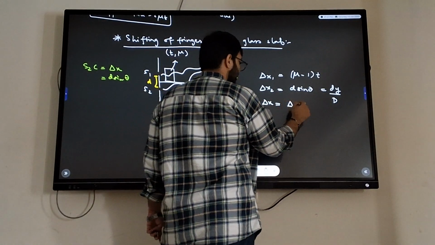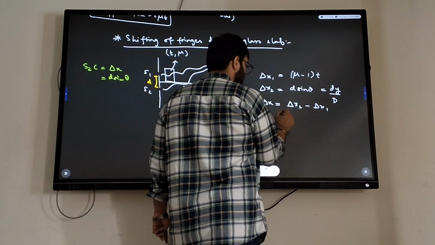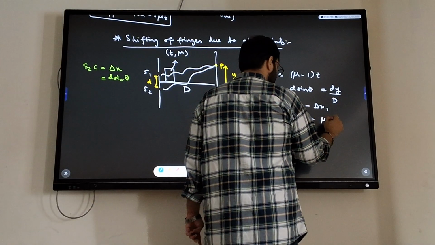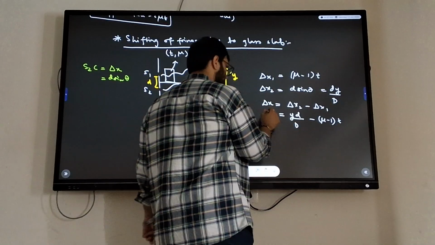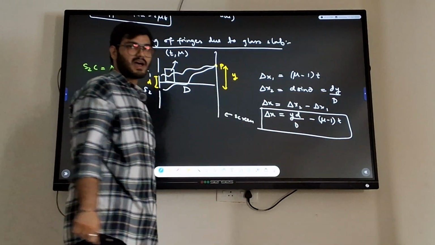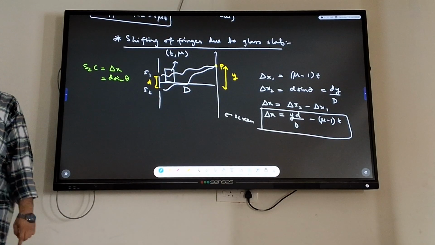This will be delta x2 minus delta x1. That will be y small d by capital D minus (mu minus 1) into t. This is my new path difference after I insert a glass slab there.